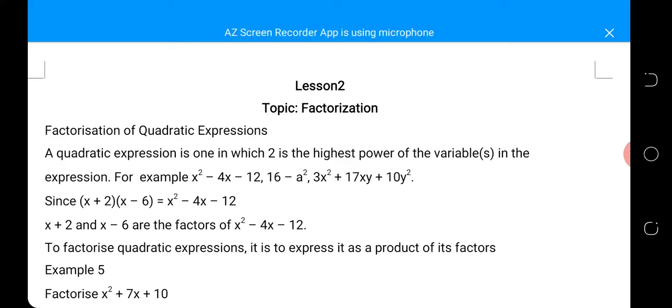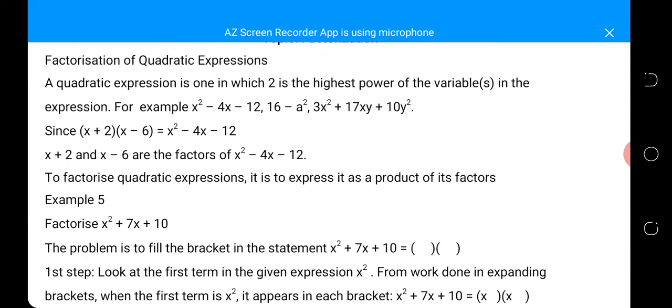The variables in a quadratic expression are the unknowns, the alphabet, which can be letter x, letter y, letter a, or any other letter. So when the highest power of the letter in the expression is 2, then the expression is a quadratic expression.